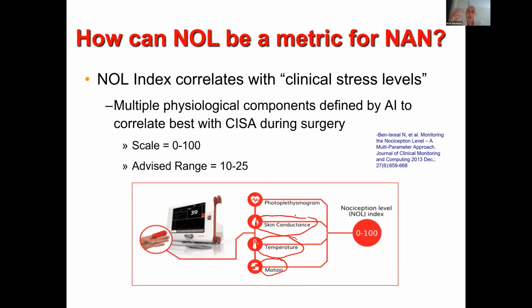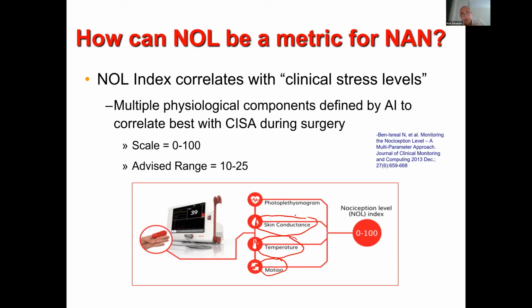And all these multiple parameters were challenged versus a database of clinical events. And an artificial intelligence algorithm extracted the best sensitive and specific parameter that could tell us something about stressful versus non-stressful conditions.